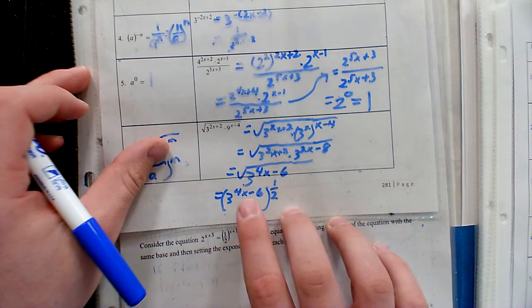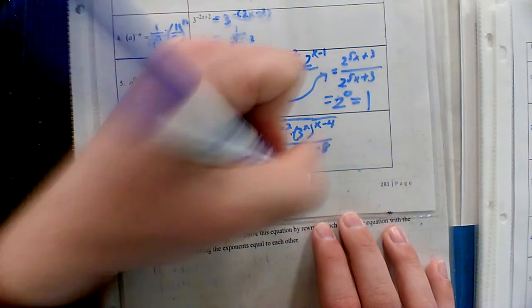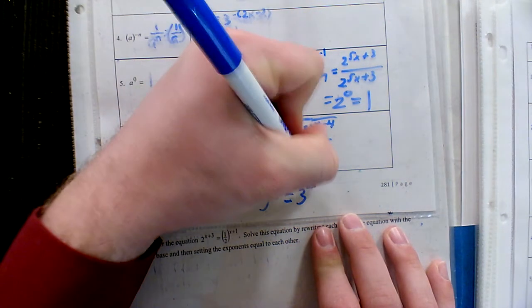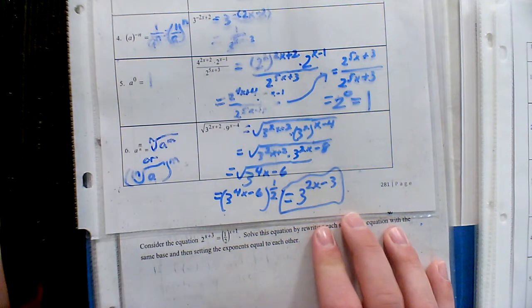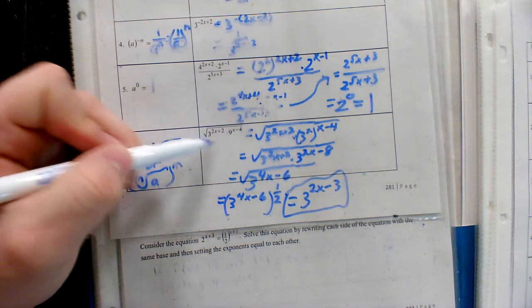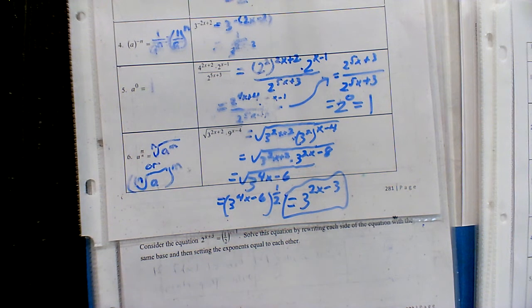And then we can simplify this as a power to a power. Well, power to a power, you just multiply them. So 3 to the 2x minus 3. So this mess up here really simplified down to this, and they mean the same thing.